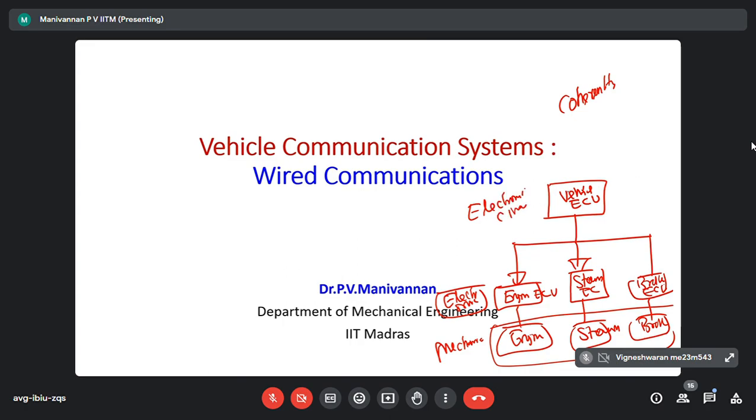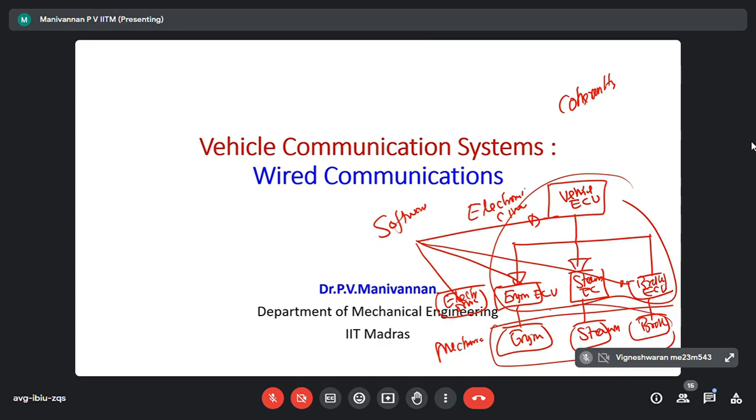Correct? The vehicle ECU. All these will have software. Correct? These are electronic hardware. This is mechanical hardware, and this is software algorithms.